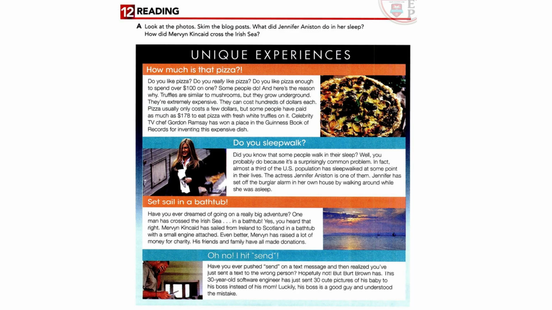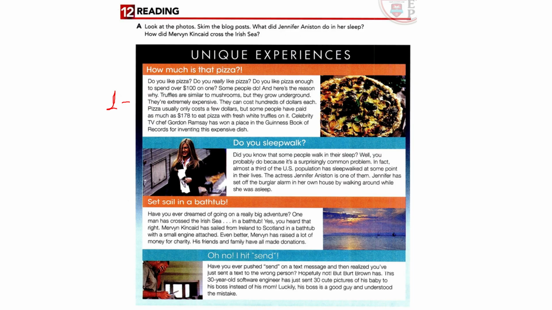Okay, so I need 4 volunteers because I have here 4 paragraphs for next Tuesday. Who is going to take the first one? Angela. Okay, Angela, number 1. How much is that pizza, Angela? Okay. Number 2, Joanne Hill. Do you sleepwalk?